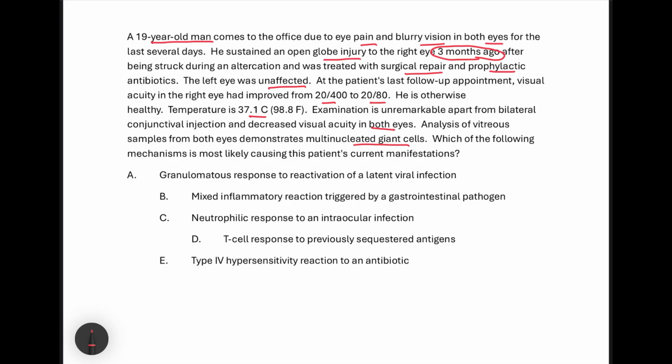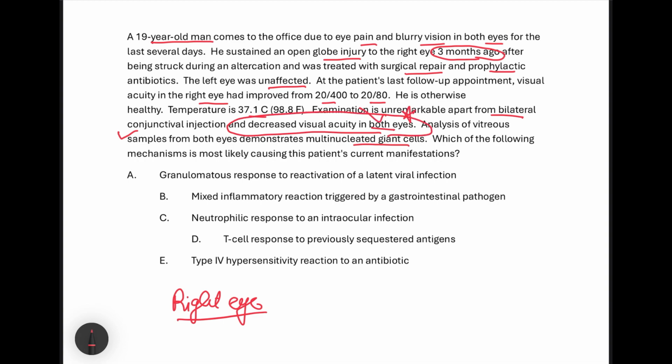The thing is that the injury was in the right eye. But they are asking, after the injury, there is bilateral conjunctival injection and decreased visual acuity of both eyes.